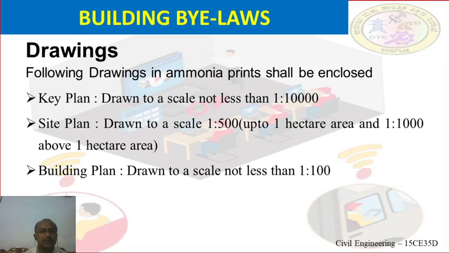Now let us discuss the site plan. The site plan is drawn to a scale of 1:500 if the area is up to 1 hectare. If the area is above 1 hectare, then the site plan is drawn at a scale of 1:1000.